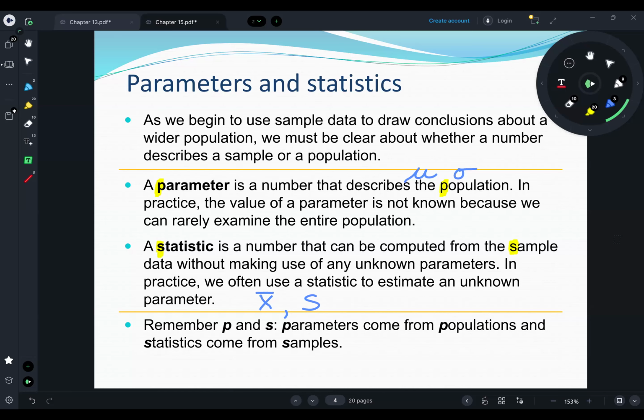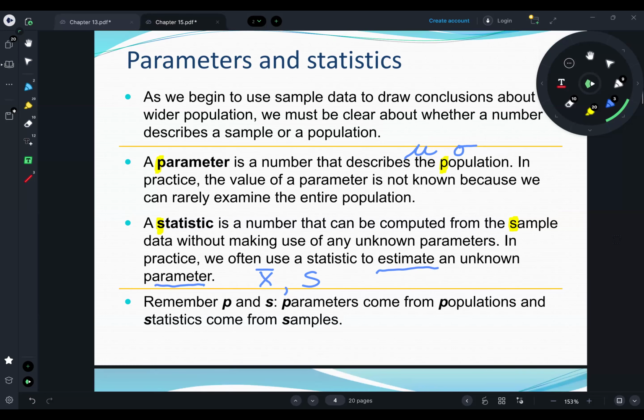So we use the sample mean and the sample standard deviation to estimate the population mean mu and population standard deviation sigma. Right? We take a sample, and so these are estimates. These estimate an unknown parameter. So parameters come from populations and statistics come from samples.